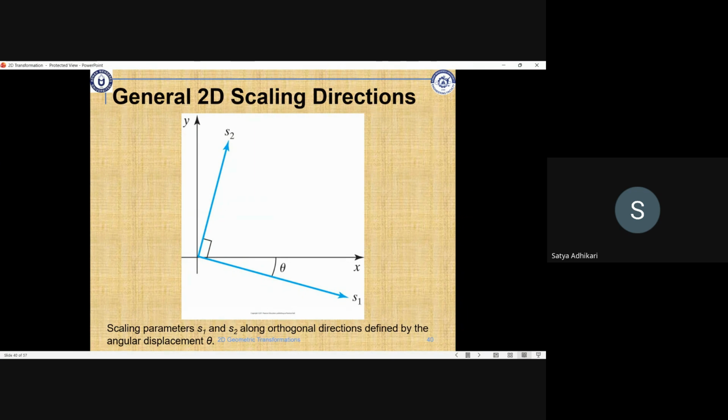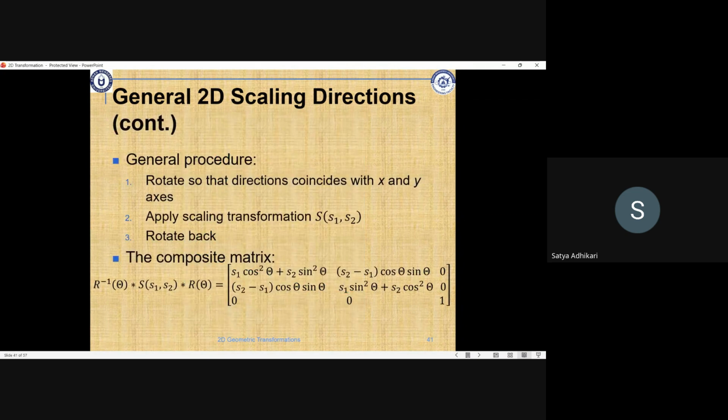So if we want to do scaling here, we first have to rotate the object, rotate S1 and S2 so that they coincide with the x axis and y axis respectively. S1 coincides with the x axis and S2 coincides with the y axis. We have to rotate first anticlockwise. The same thing is written here. Rotate so that the direction coincides with the x and y axis, apply the scaling transformation S1, S2, and rotate back.